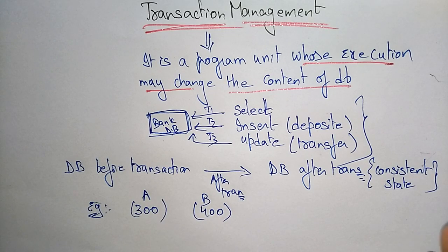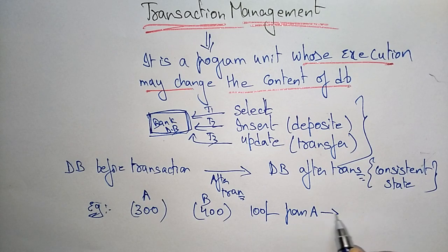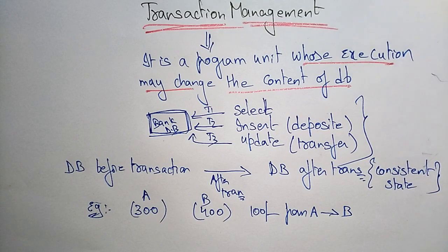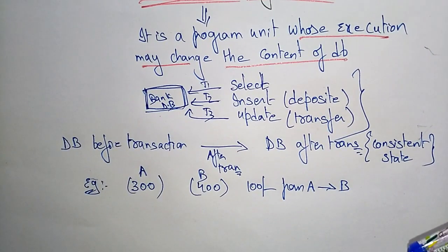Now you want to transfer 100 rupees from account A to account B. This means you want to do a transaction on the database of your accounts, modifying the data.